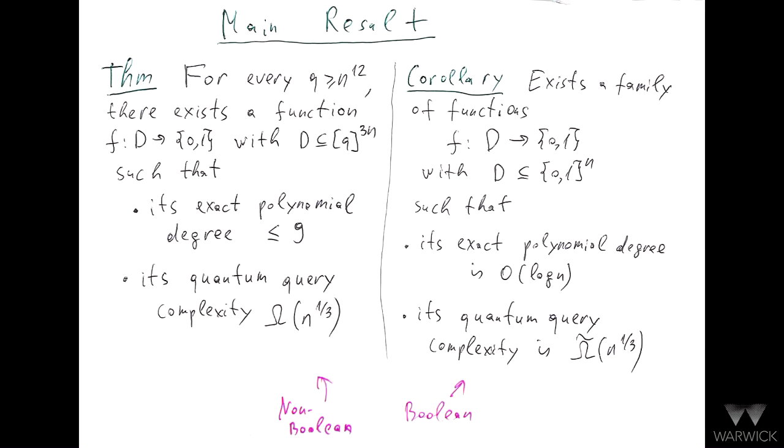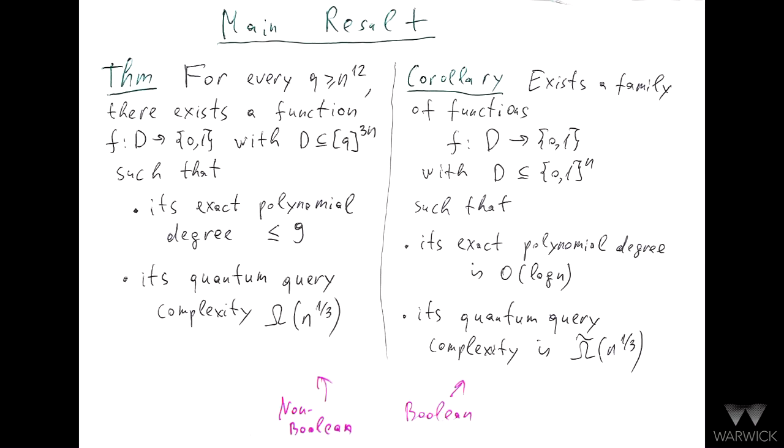There are two flavors of the theorem: one is non-Boolean, and the second one is Boolean. For the non-Boolean case, we show that if the size of the alphabet is large enough, but polynomial, there exists a function whose exact polynomial degree is at most 9, and whose quantum complexity is at least of order cube root of n.